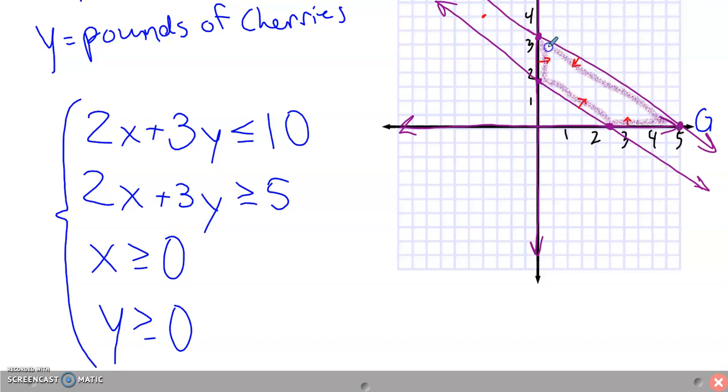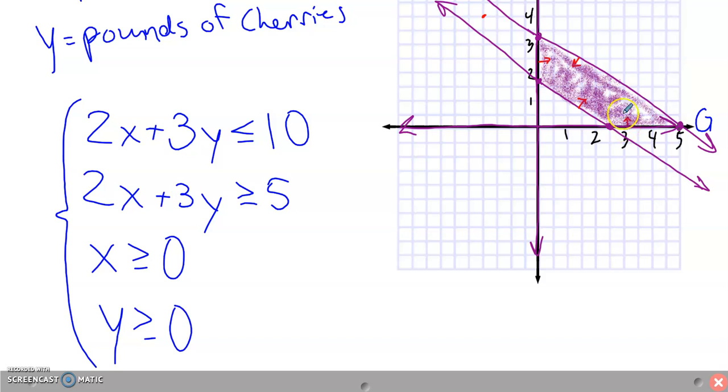And now what this shows me is every point in this shaded region here is a solution to this system, which means any point in this region is a number of grapes and cherries that I could bring home and meet these constraints.